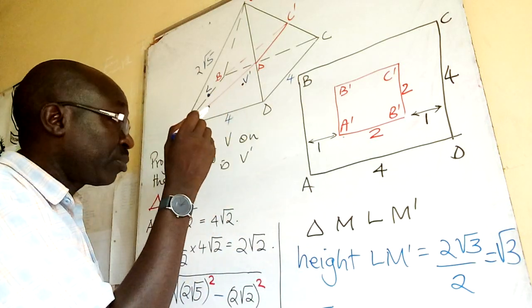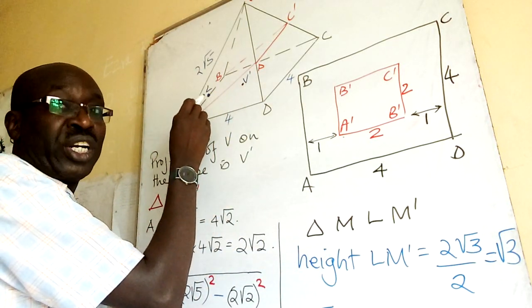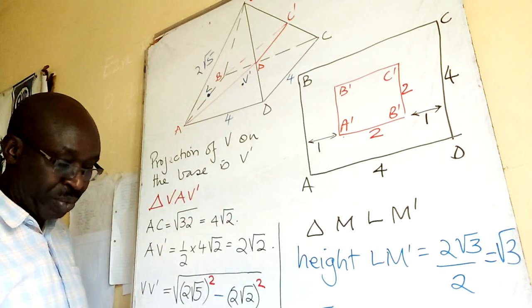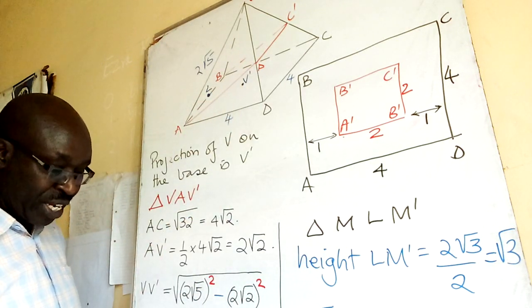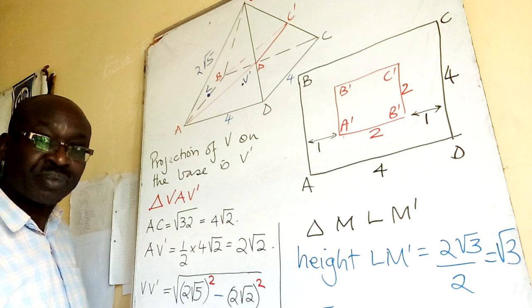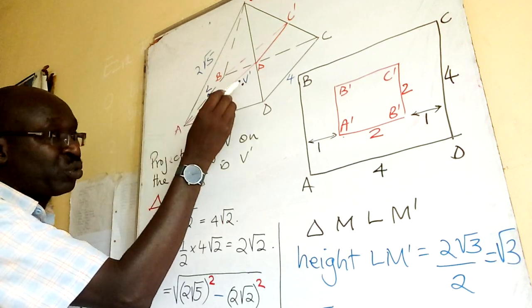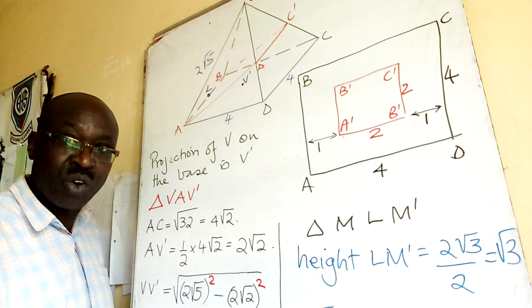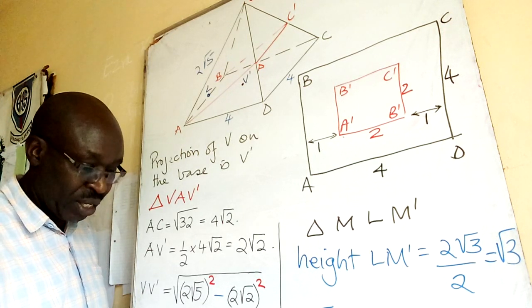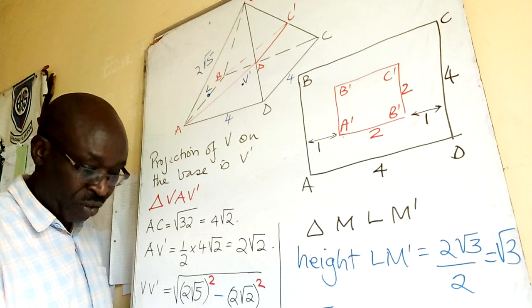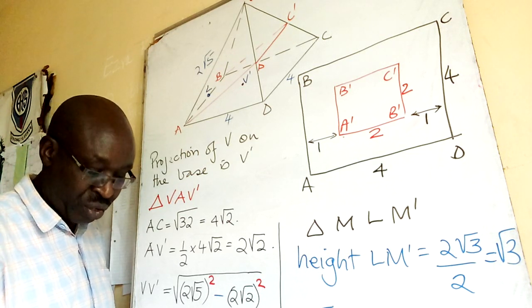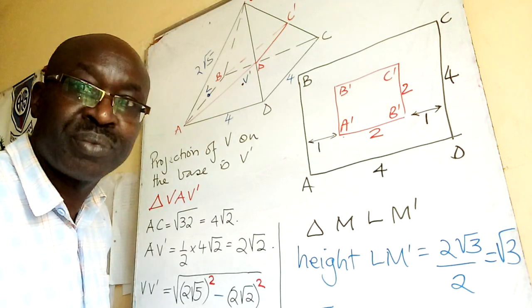So you come up to L, then join L to V prime. So I have triangle V L V prime. I already know the height, 2 root 3. From L to V prime is 2. So let that angle be theta, then opposite over adjacent. When you get tan inverse root 3, you get theta is 60.